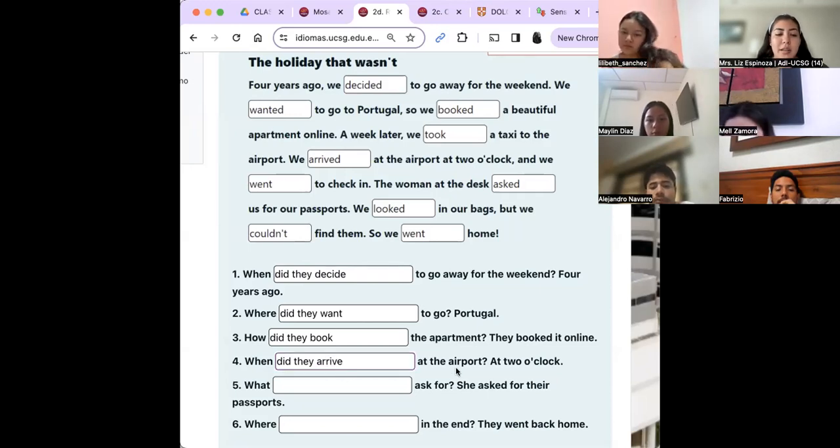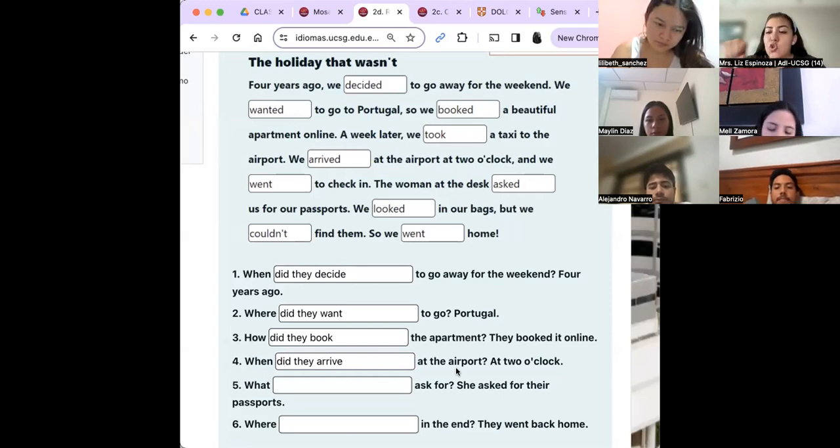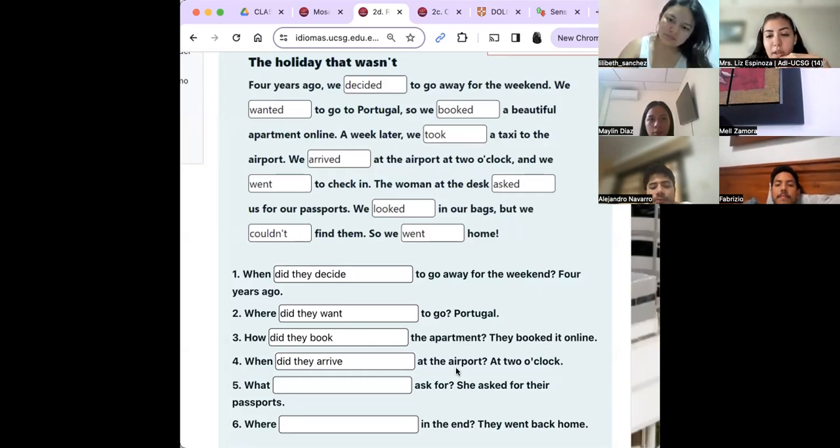Now, why is it they? Because they're asking about those people. If you say we, it includes you. So Juan Marco is not one of the ones that are in the airport. So when you are asking the question, you say they, and they answer we. For example, Mr. Alfonso can ask us, are we part of the Academia de Idiomas of USG?